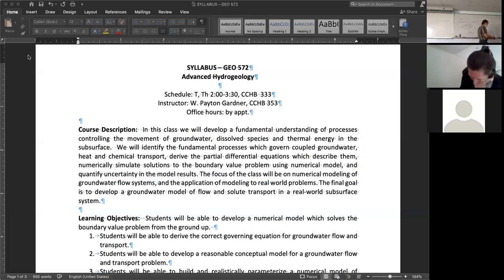Oh, Yin's on it. Okay. So we could write this guy as the flux in plus the change in the flux, dq dx.